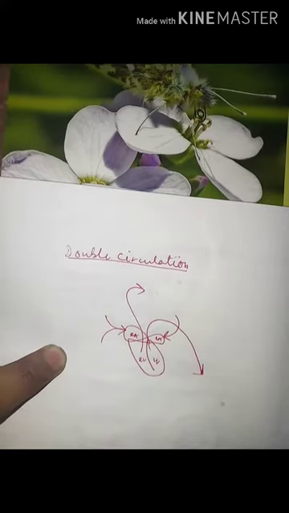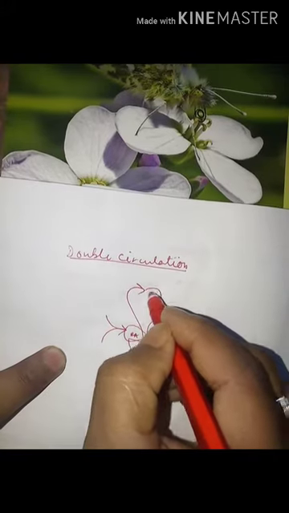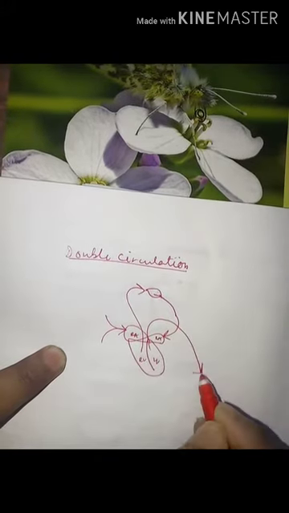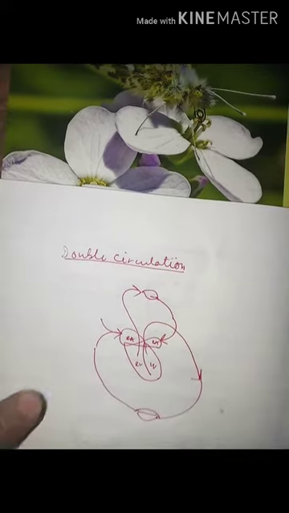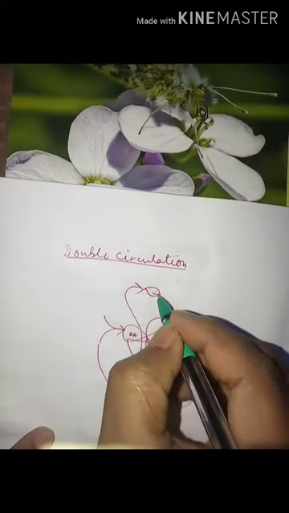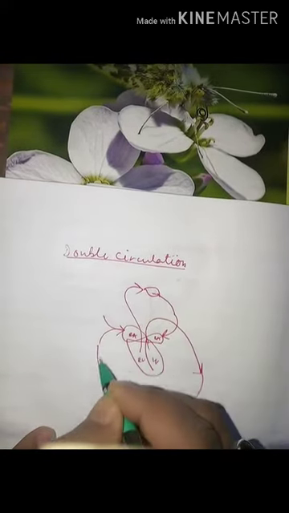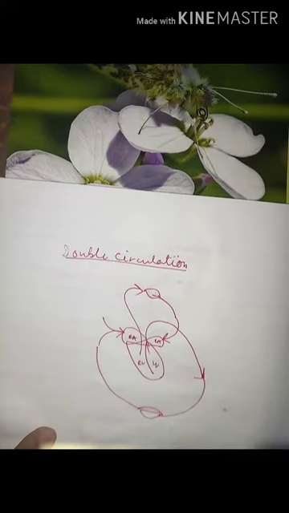The left ventricle pumps pure blood to the body parts, and the right ventricle pumps impure blood to the lungs. So here, to complete one circulation, blood enters twice into the heart: from the lungs to the left auricle, and from body parts to the right auricle. So this is double circulation.